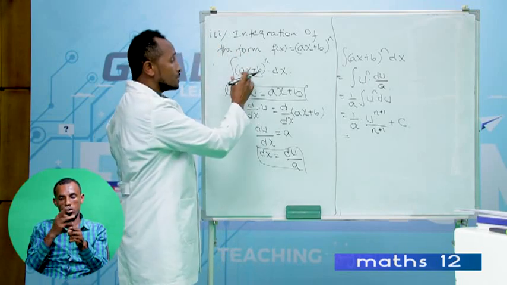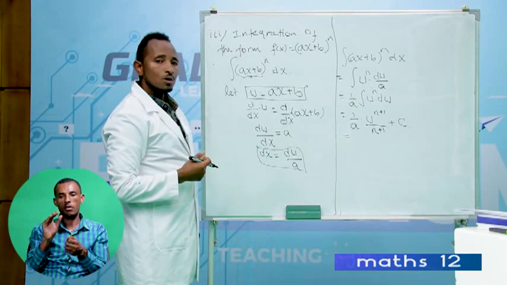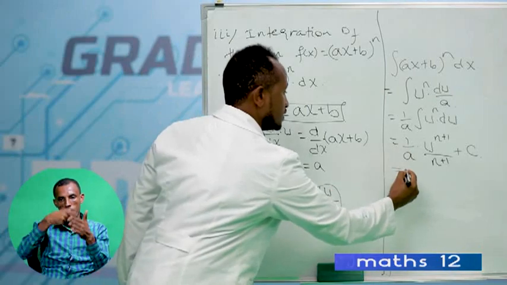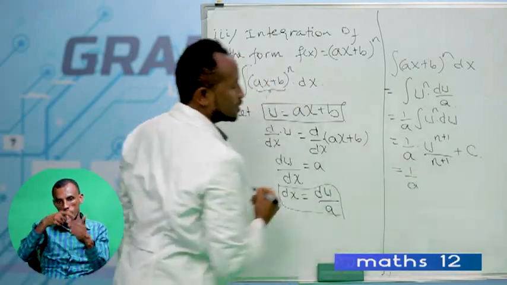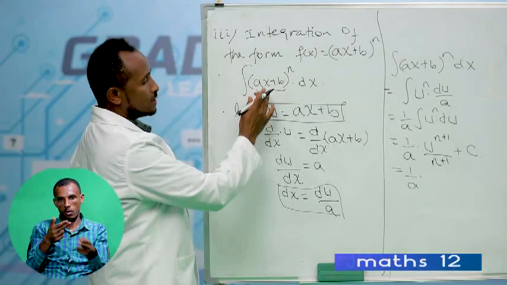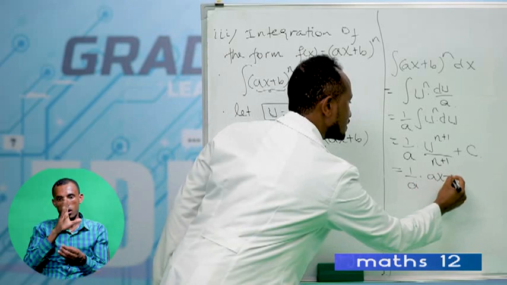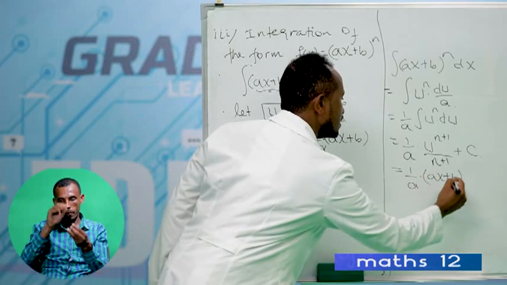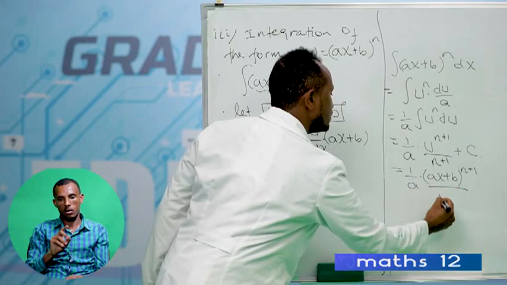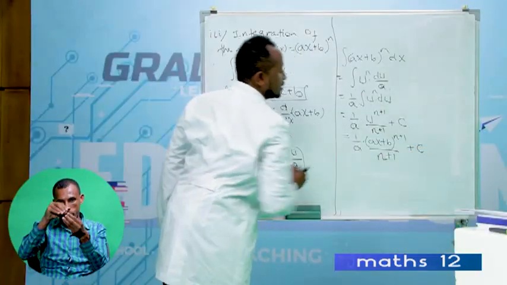Our answer must be in terms of variable x. We got it in terms of variable u, so I have to substitute the value of u. So the integration is 1 over a times ax plus b to the power of n plus 1 divided by n plus 1 plus c.